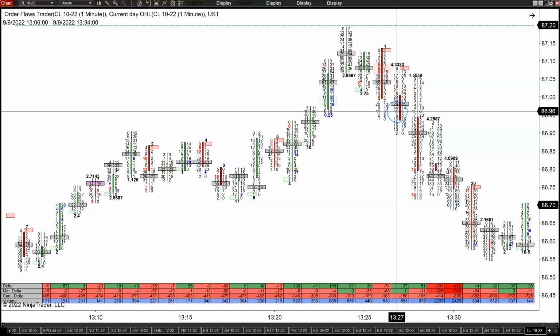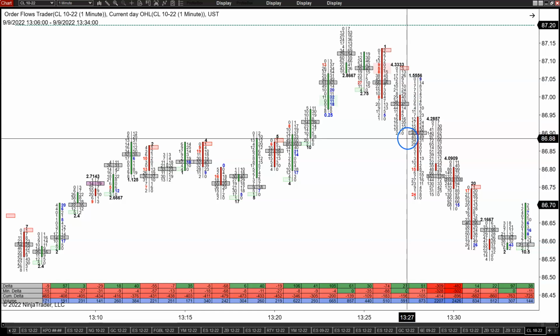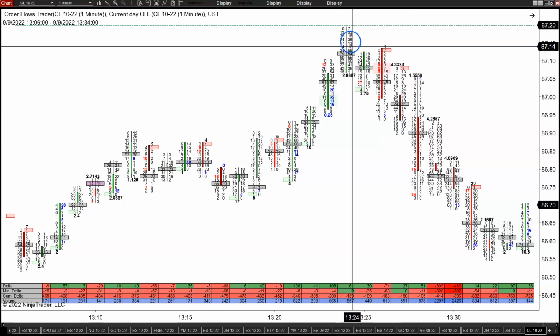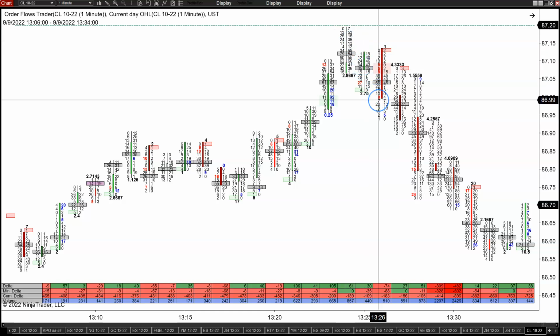So you have aggressive buyers, but they're being met by passive sellers, people that are happy to come in and offer it out. And this is where it gets interesting, because we had just been trading higher, 87.19, and the market is coming off. You have the sellers coming in working offers. When you have sellers working strong offers on a market that's moving down, that's going to stop the market from going higher, because now you have active passive selling.